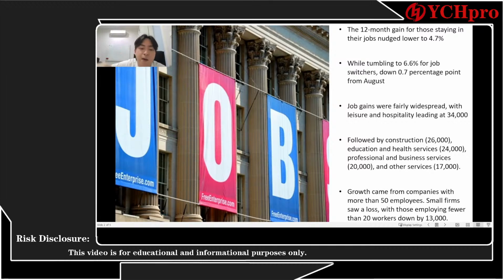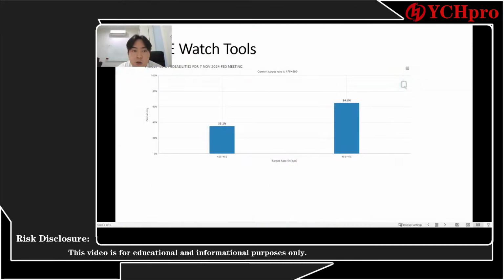So this is actually a balancing and also meets the Federal Reserve's expectations, and it's likely to raise another 25 basis points. From this data, we can see that from Monday, the probability of a 25 basis point raise was about 50%, then 57%, 60%, and right now it is 64.8%.